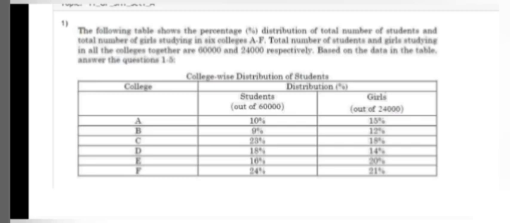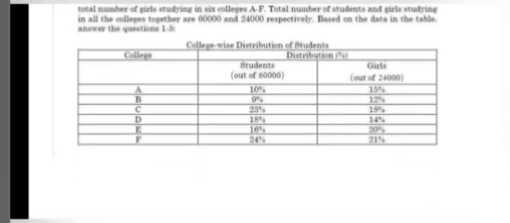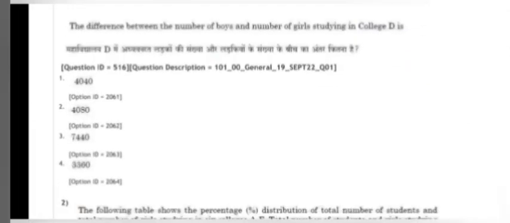So this is the table, college wise distribution of students, college A B C D E F, and then students out of 60,000: 10%, 9%, 23%, 18%, 16%, 24%, and then girls out of 24,000: 15%, 12%, 18%, 14%, 20%, 21%. Now the difference between the number of boys and number of girls studying in college D is what?